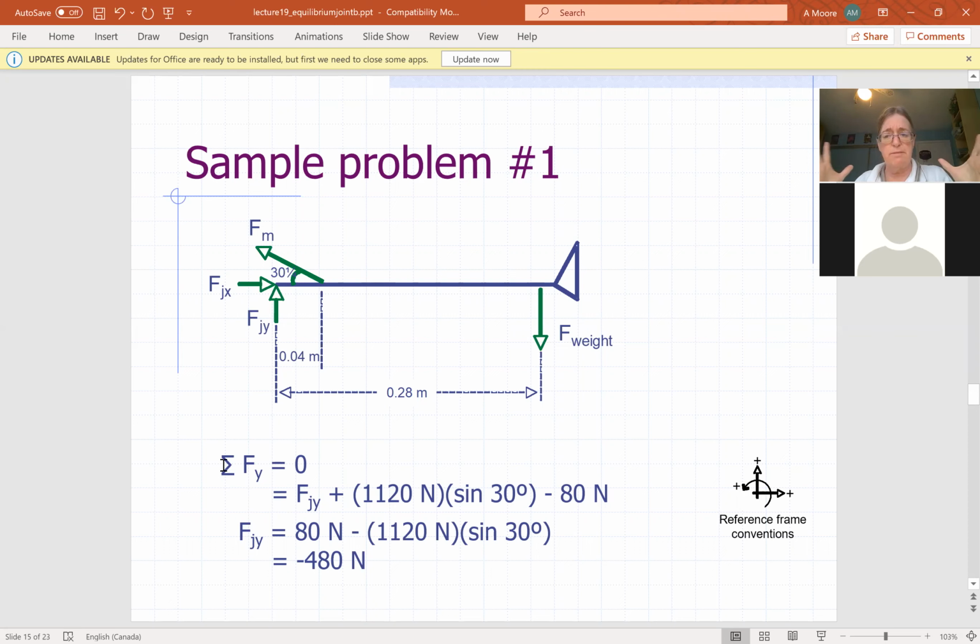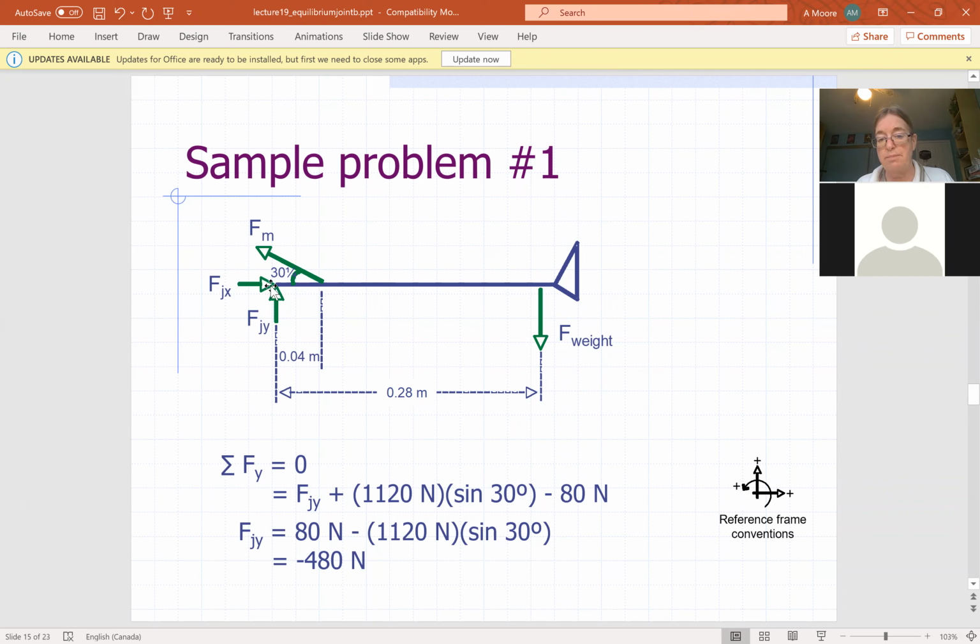So when you combine them, you're starting with your sum of forces in the y direction equals 0. That's the common equation, and then you have to build the rest of the equation by looking at all of the forces that are in the y direction. In this problem, specific to this problem, how I've drawn this problem and how I drew my forces, I drew my joint force in the y direction up.